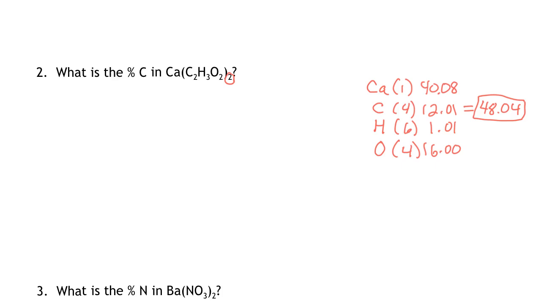So now I'm going to go ahead and figure out what is the total amount for this compound. So this is going to be 40.08 plus, now in parentheses I'm going to enter the carbon. So 4 times 48.04, end parentheses, hang on, I did something goofy here, plus.